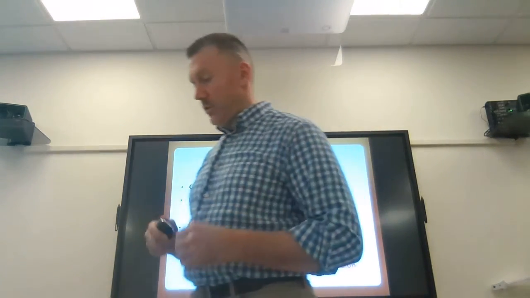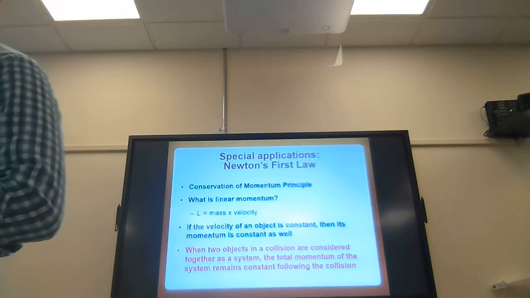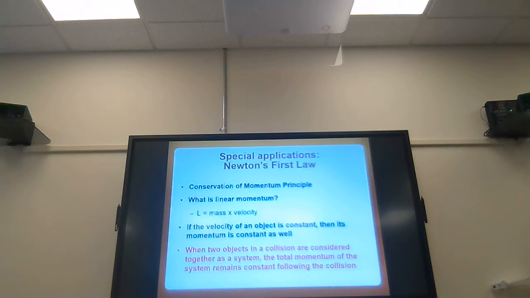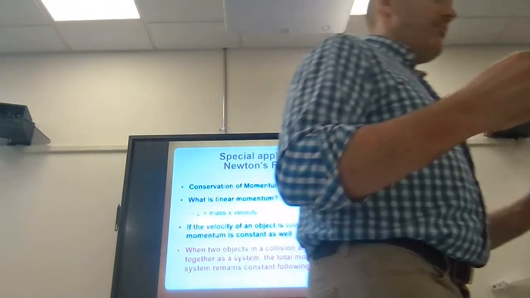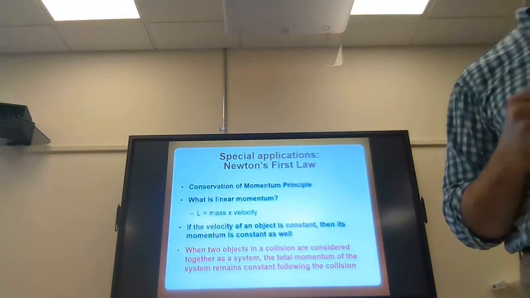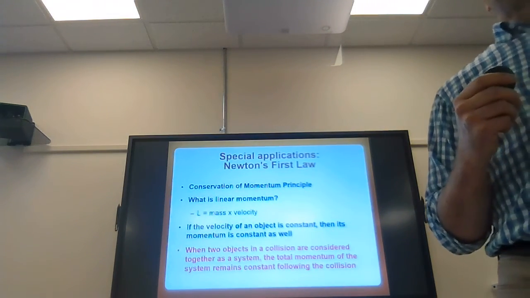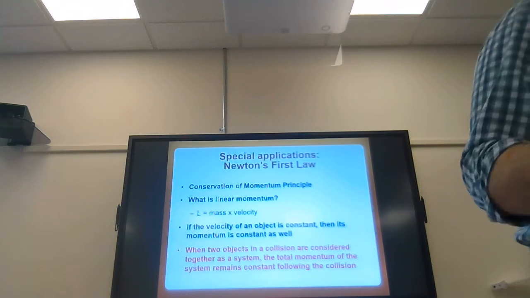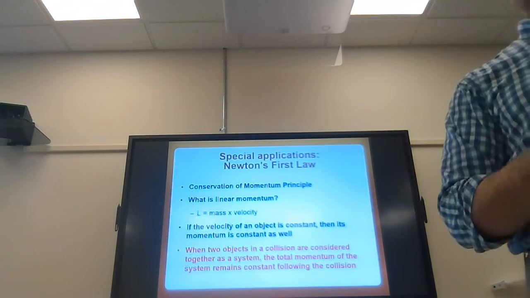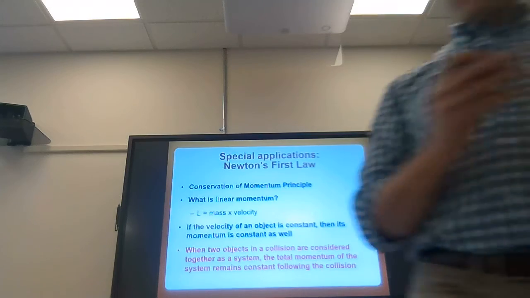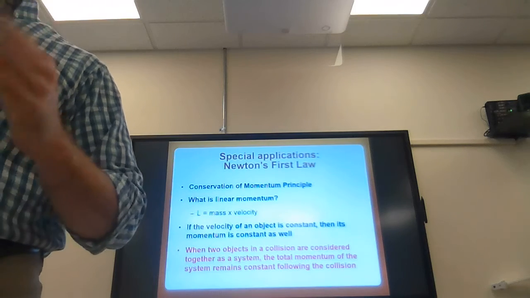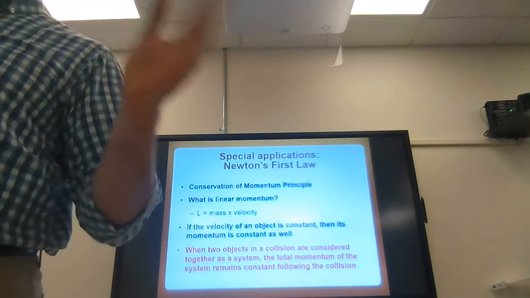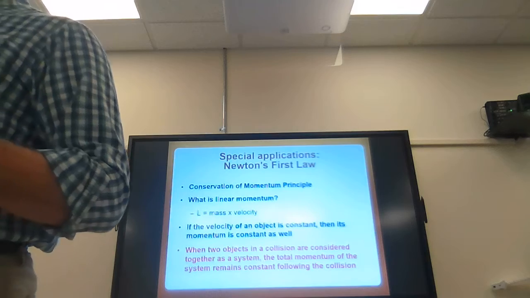So if we look at two objects like two football players before a collision versus after a collision, and in a hypothetical scenario, if the momentum of both players combined before the collision is the same as both players after the collision, momentum is conserved, and so we can say the net force is equal to 0.